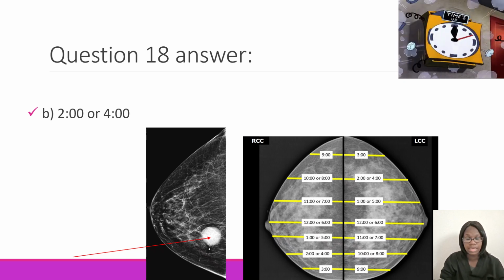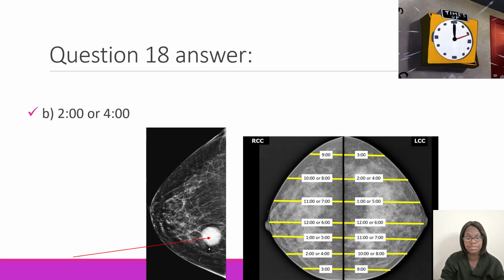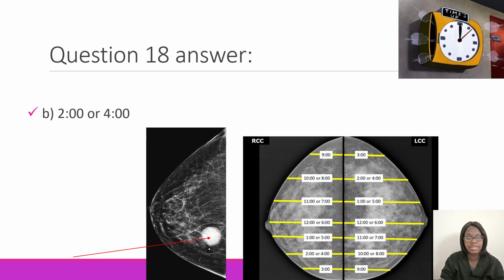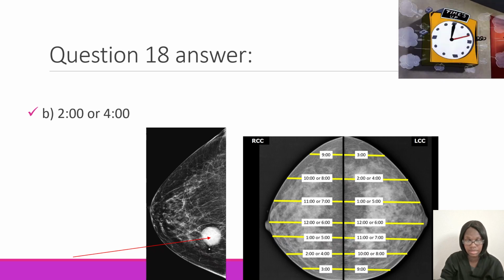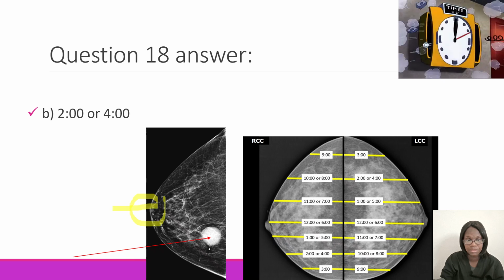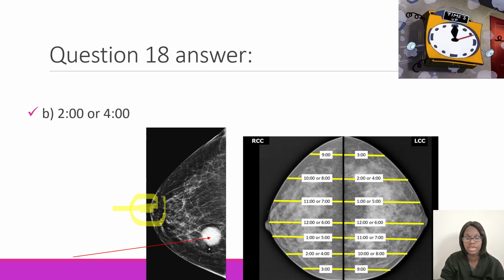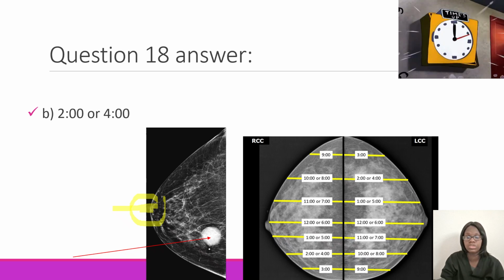So the easiest way that I found this to be helpful for me: where the nipple is, you already know that this is going to be either 12 o'clock or 6 o'clock. So this is the nipple right here. If you know for a fact where you're looking at, the nipple is 12 o'clock or 6 o'clock.